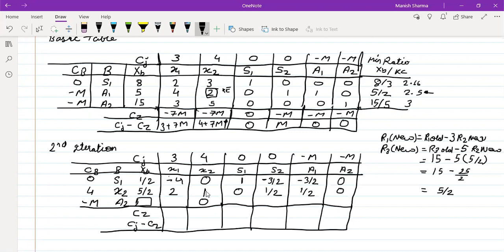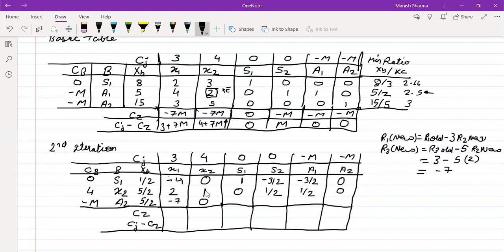So the new value here will be 5 by 2. Then for the next column, it is 3 minus 5 times 2, which is 3 minus 10, equal to minus 7. So here it will be minus 7.